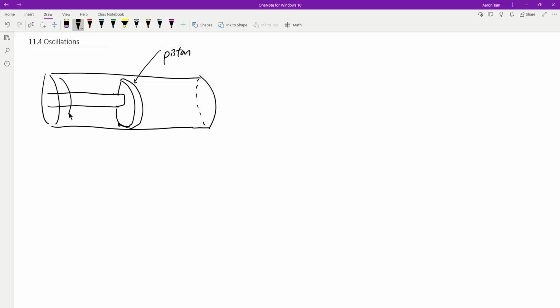And the piston is connected to a spring system. And the whole thing is inside some kind of fluid, which could be just air, but it could be some other fluid. And imagine the following. This piston has an equilibrium position, which we're going to define to be the position 0, called the equilibrium position.